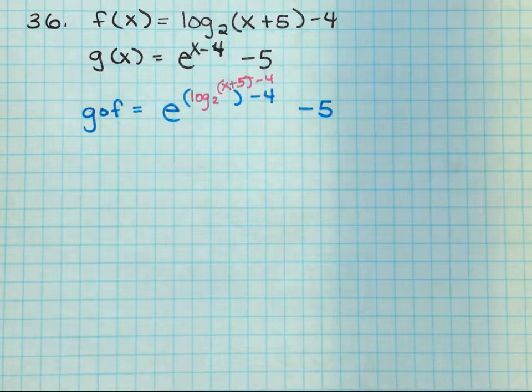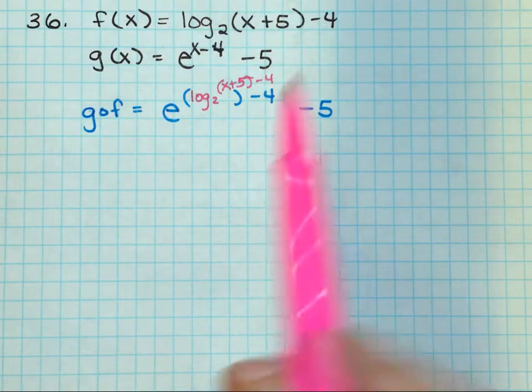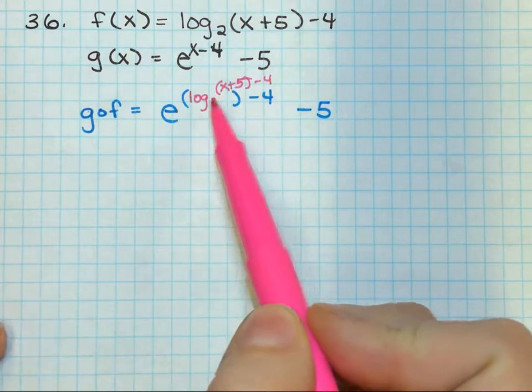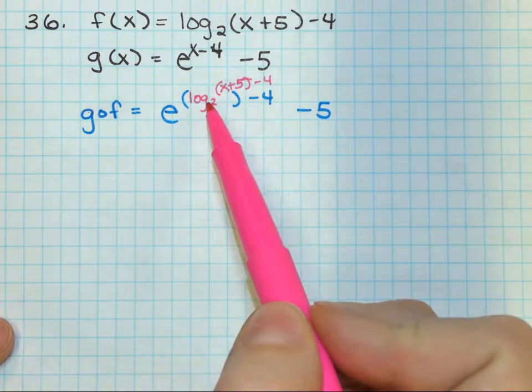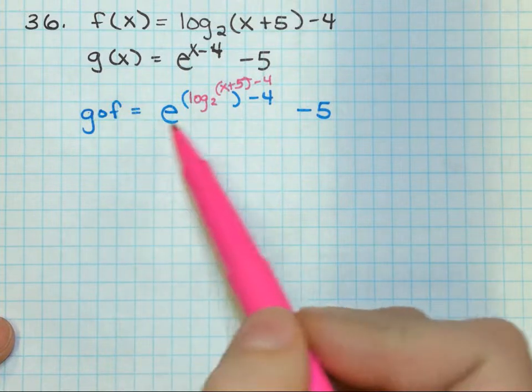So what can I do? What's the problem? Tell me what's wrong. Say it again for me. That's e, and that one is log base 2. Can I cancel those two out?